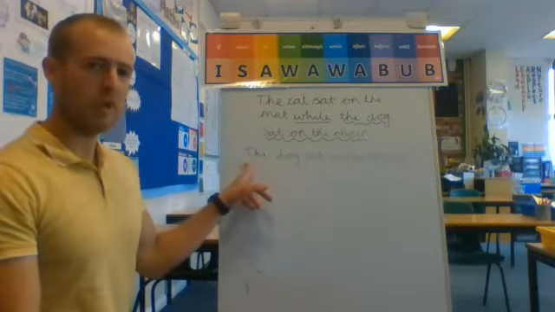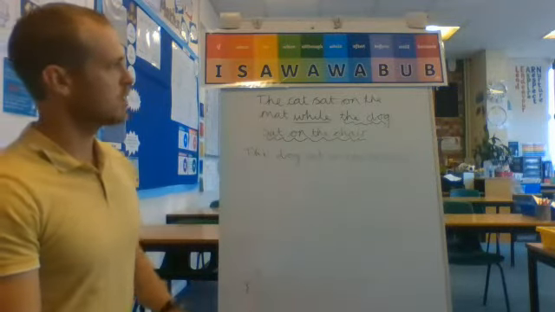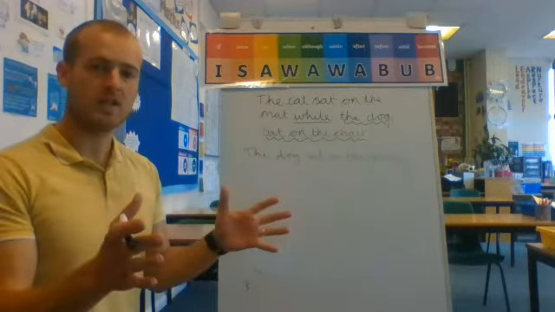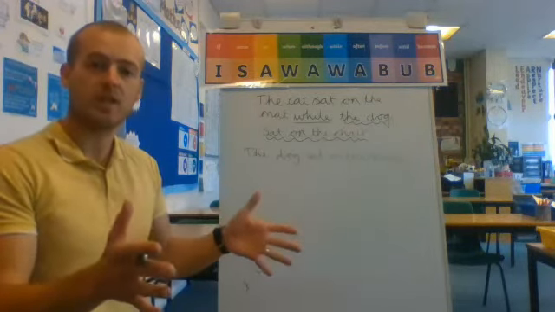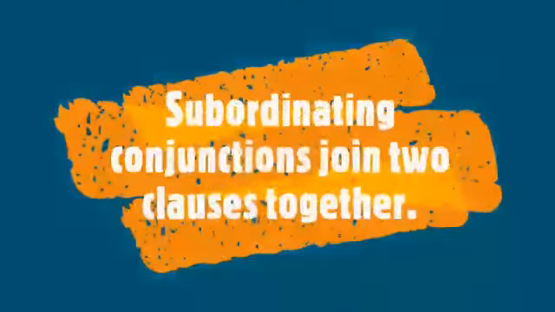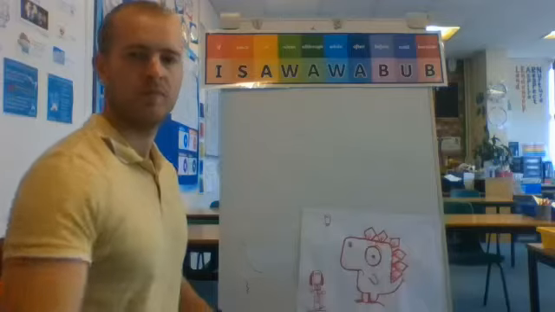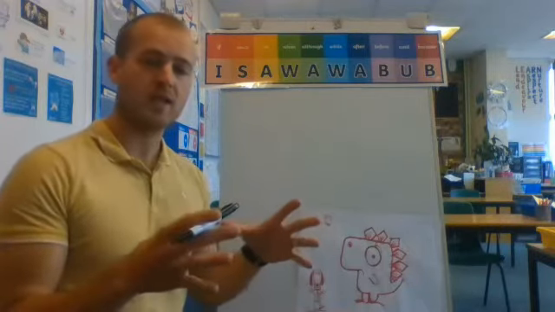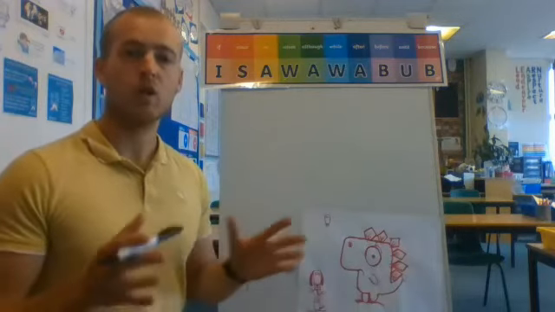This is also another main clause. So subordinate conjunctions can join two clauses together to extend our sentences, to add more detail, to give different ideas. And it's a really, really good skill to practice and use. Okay, so we know that conjunctions are the glue within sentences which join two main ideas together or two clauses together.